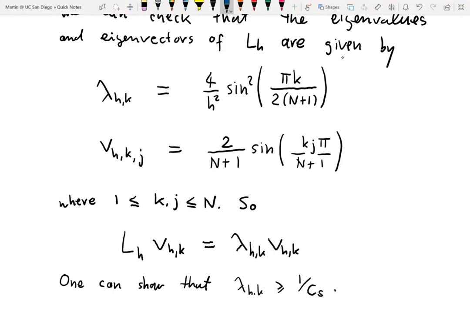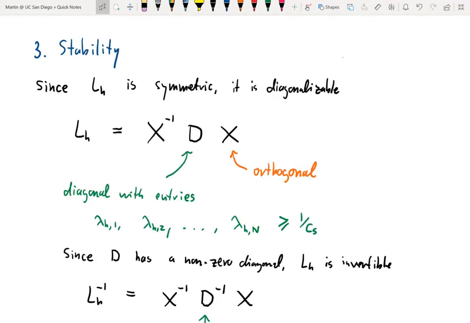Okay, with that out of the way, let's move on. We can finally prove stability. First, since LH is symmetric, it is also diagonalizable. So we can decompose LH equal to x inverse times D times x, where x is an orthogonal matrix and D is a diagonal matrix with the eigenvalues of LH: lambda h1, lambda h2, up to lambda hn, and that is bounded from below, as we've seen, by 1 over CS.